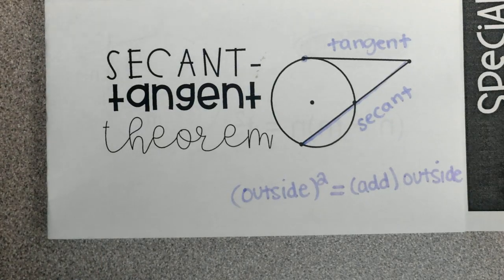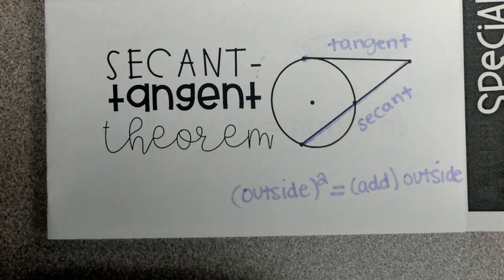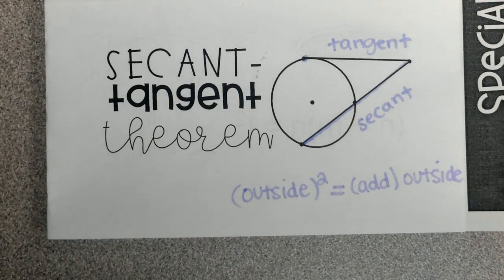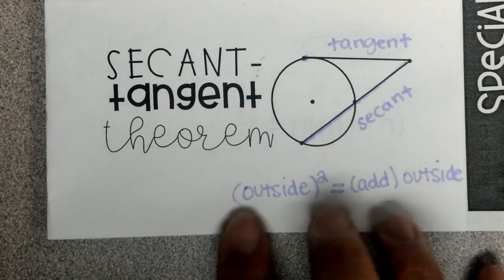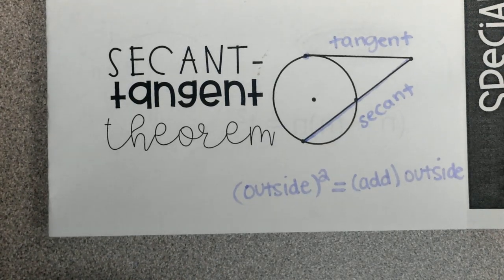Y'all are going to do the last ones on your own. So outside squared for the tangent. For the secant, you add them together, multiply by the outside. So I want you to set up the equations. Just set them up. Don't solve them yet. For the last two problems we have. Just set them up.